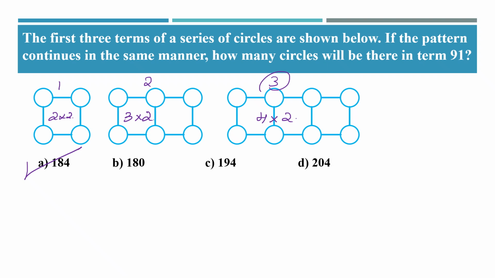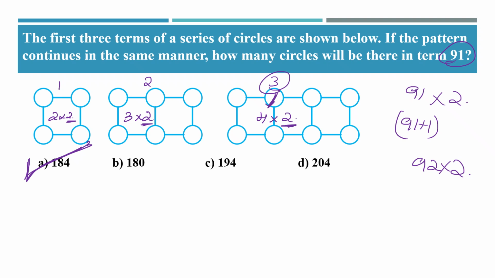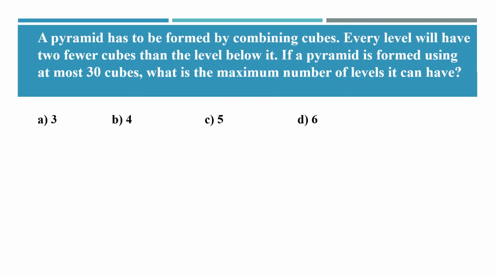That's one more than the term number. So the 91st term means one more than 91, that means 91 plus 1, which is 92, times 2, the common number in all given terms. And that's how we have 184. Great. Moving on to the next question.